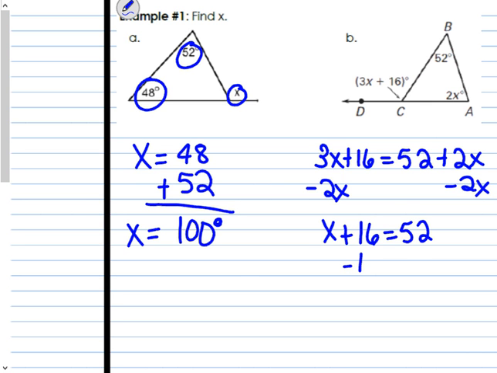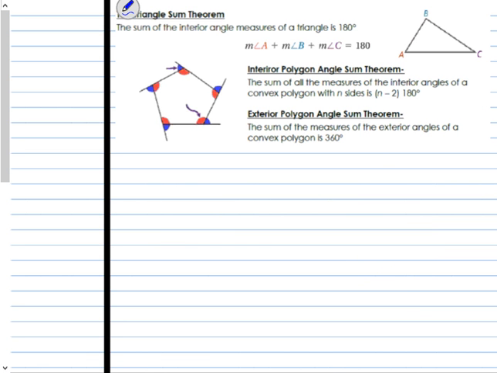We'll subtract 16 from both sides. X equals 36. And all we had to do was find x, so we do not have to go back and plug anything in. So again, the exterior angle is equal to the sum of the remote interior angles.